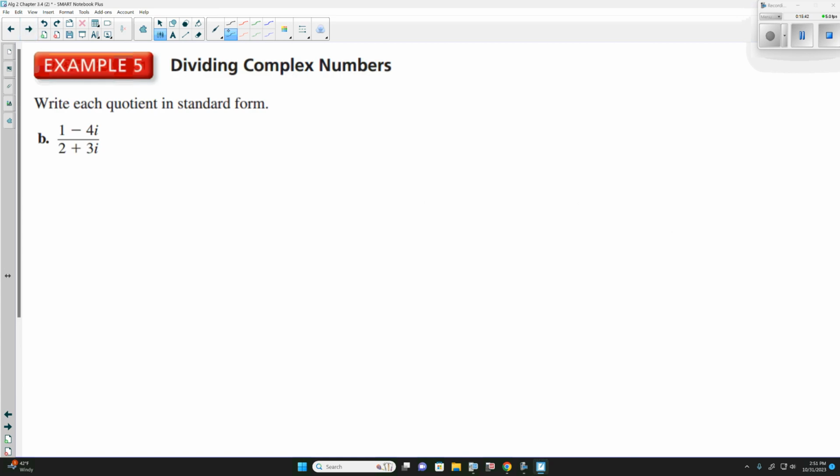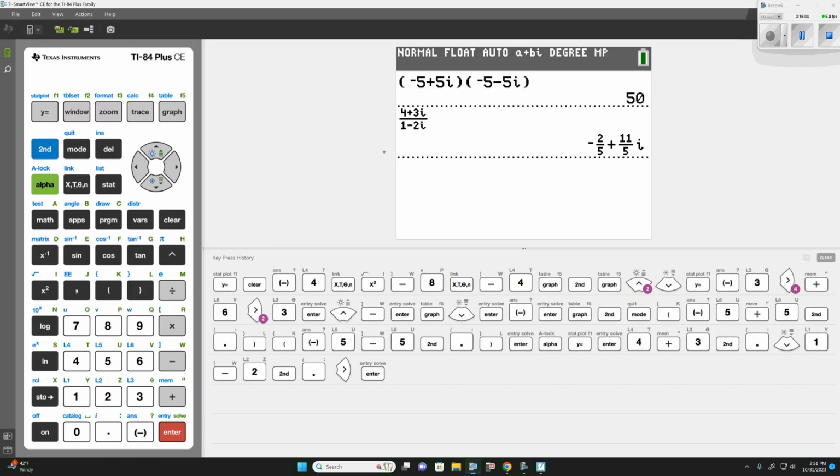Well, as we've seen already, the graphing calculators that y'all have do not want to do these here. So instead, let's type it in like this here. Instead of using a fraction, well, a fraction is just division. 1 minus 4i over 2 plus 3i.